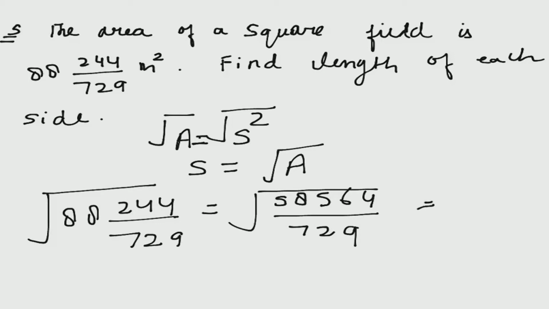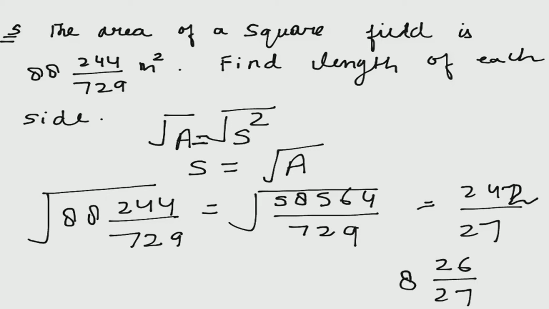Then we get 242 divided by 27, or we can change it into a mixed fraction, which gives us 8 whole 26 by 27, or we can leave our answer here only. So the length is 8 whole 26 by 27 meters.